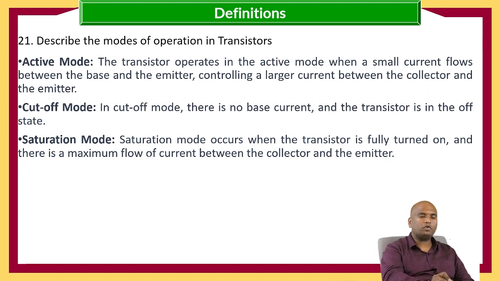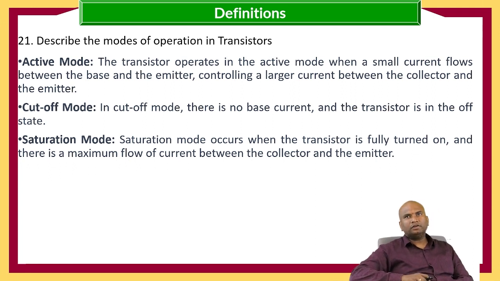And saturation mode occurs when the transistor is fully turned on and there is a maximum flow of current between the collector and the emitter. So the maximum flow of current will be there from collector to emitter.